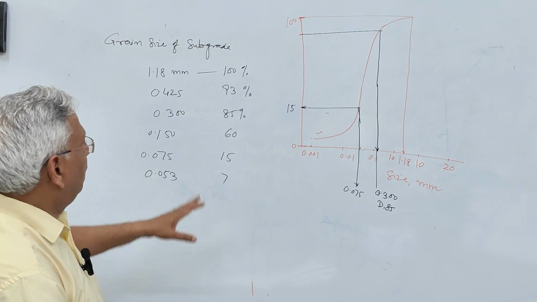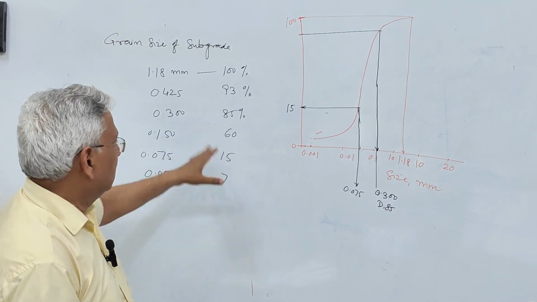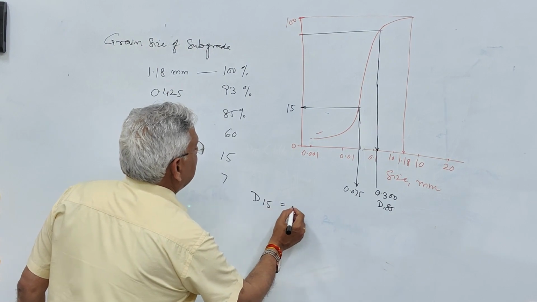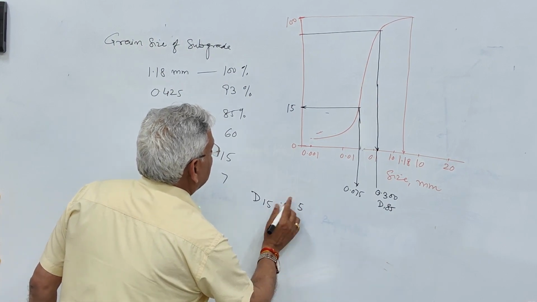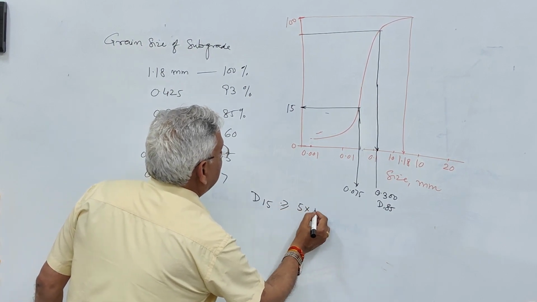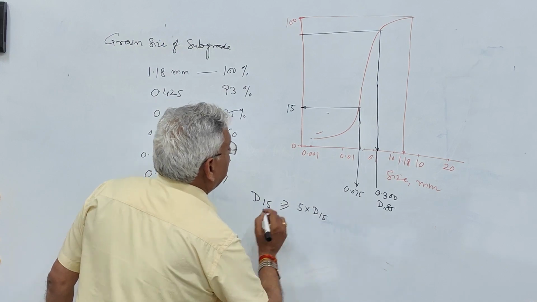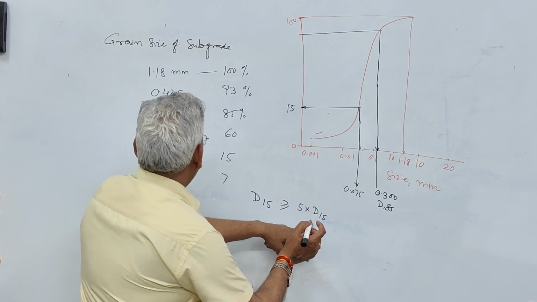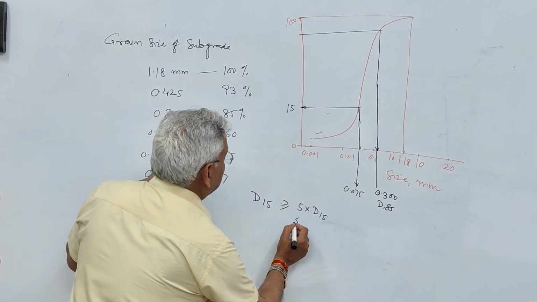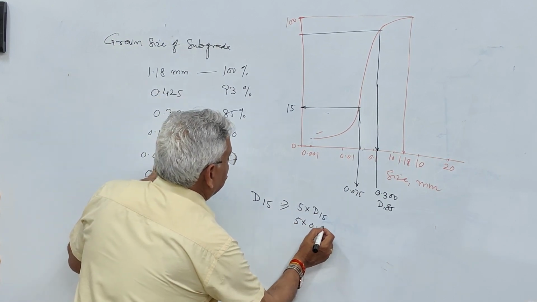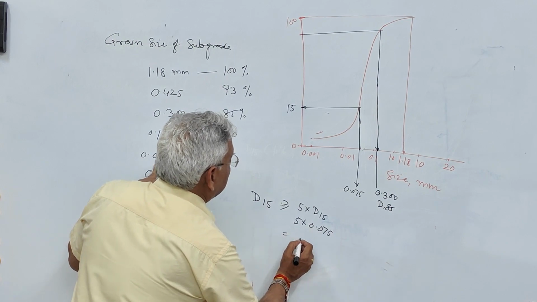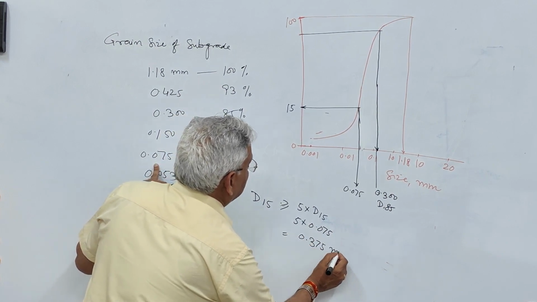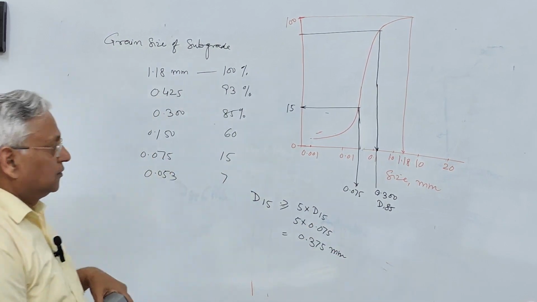The first condition of the permeability ratio is that D15 of the filter material should be more than or equal to 5 times D15 of the subgrade soil. And D15 of the subgrade soil is 0.075, so that is 0.375 millimeter.